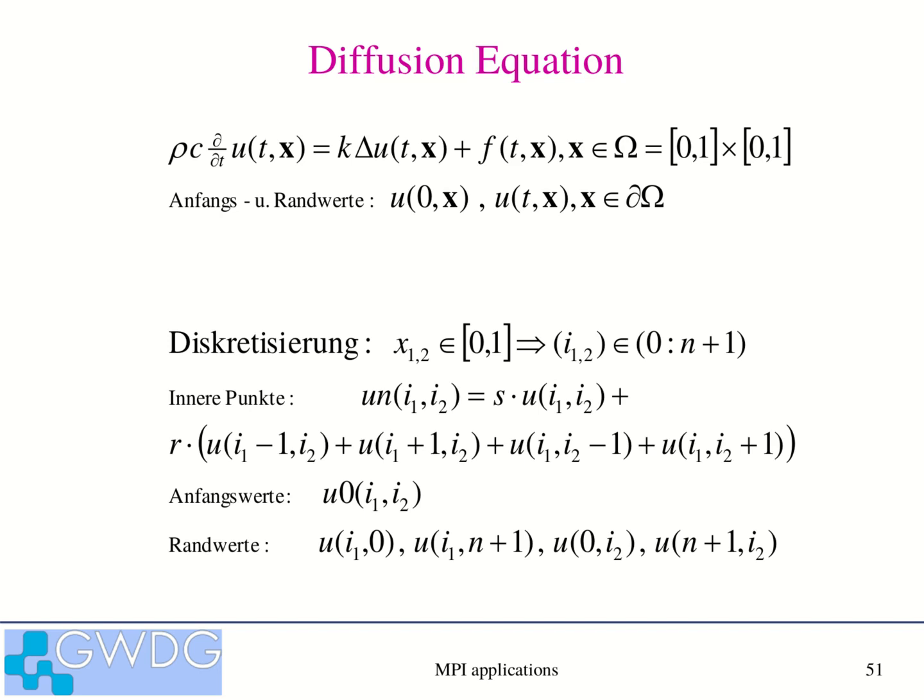And you have to prescribe the values at all points at the time zero, the values at the beginning, and then you have to prescribe boundary values at all points at the boundary, which are these points, with the second index equal to zero and all indices of the boundary.